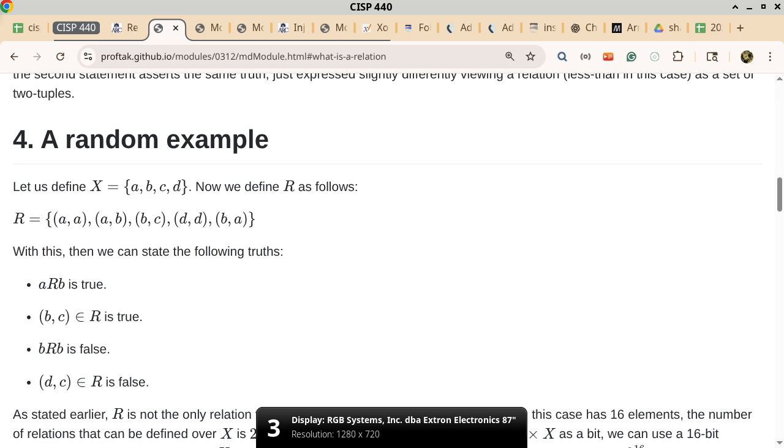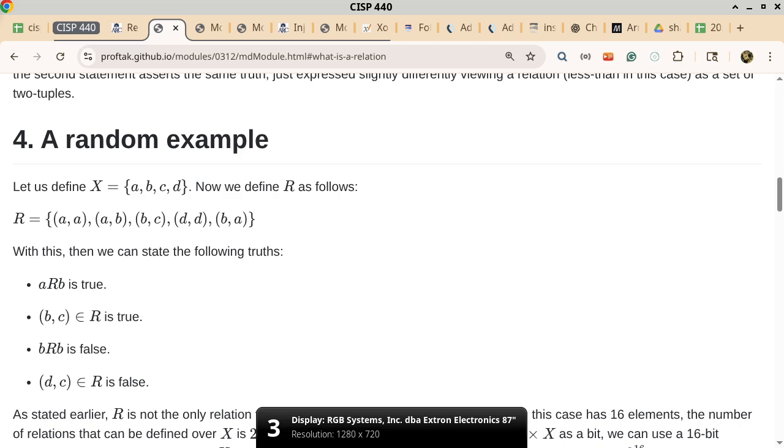And how do we check? We look at each and every item and ask whether every first item of the two-tuple comes from X. A is from X, B is also from X, D is from X. That meets the first requirement.